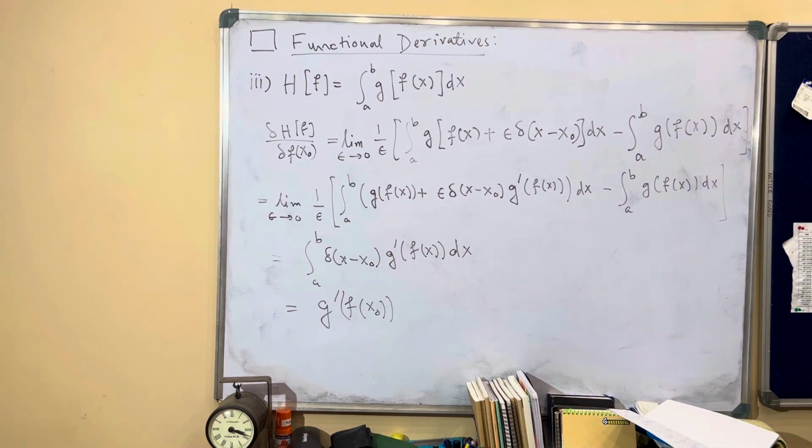We will do another example, the last one, and after that we will have enough introduction about functional derivative to continue to the next topics that I am planning to record.